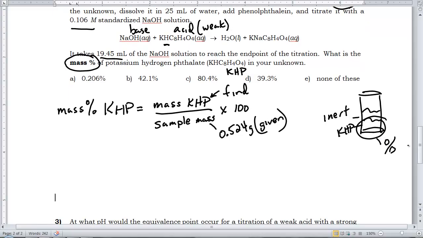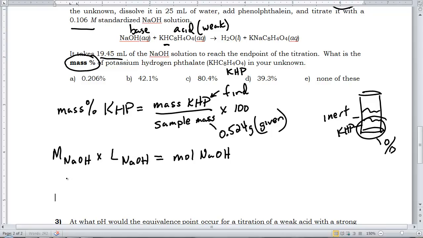All right, so molarity in liters. This is a stoichiometry problem. Molarity times liters gives us moles of NaOH.